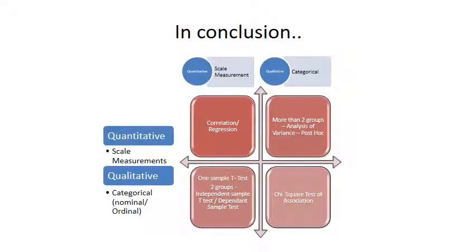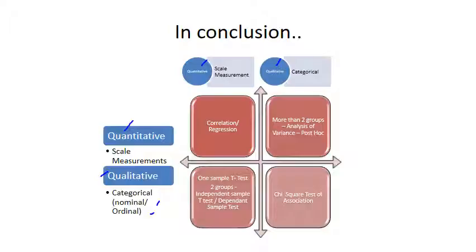Now, sorry, this is not supposed to be conclusion. Anyway, this is just a quadrant that we are going to look at when we talk about relationships between data. So if you notice that we have quantitative at the side and categorical variables here, quantitative and also again categorical, which either is nominal or ordinal data.